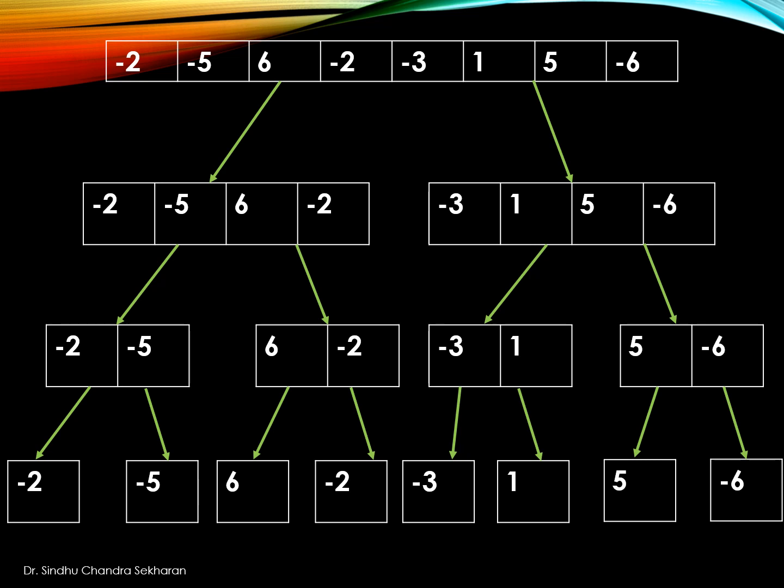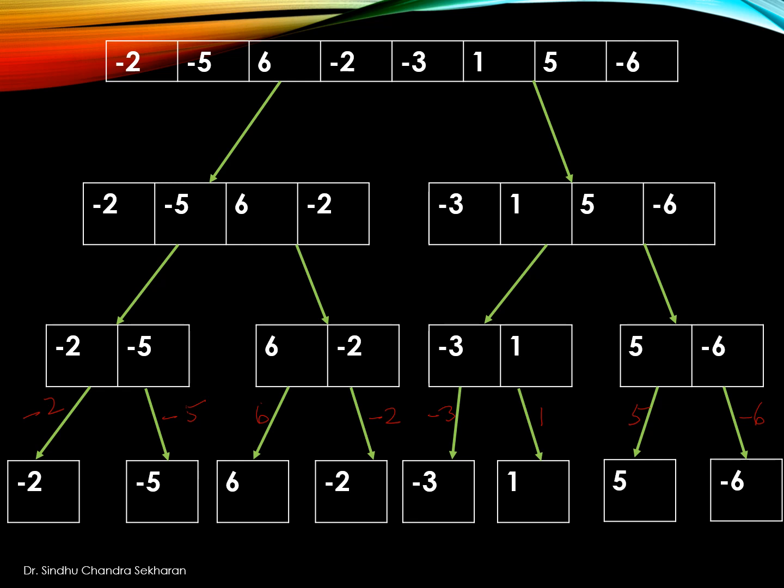Now, here my left subarray sum is -2. Here my right subarray sum is -5. Here it is 6. Here my RSS is minus 2, LSS is minus 3, RSS is 1, LSS is 5, and RSS is minus 6.